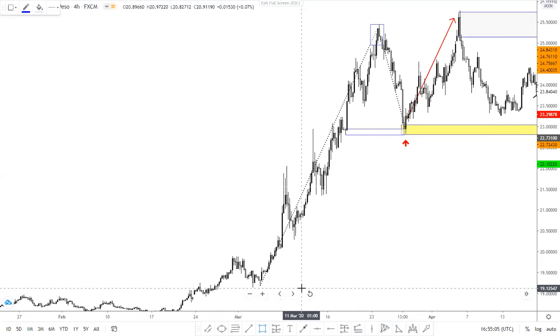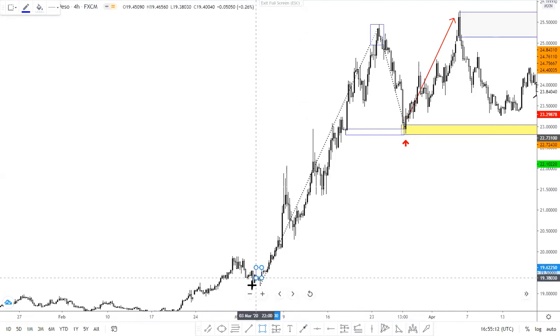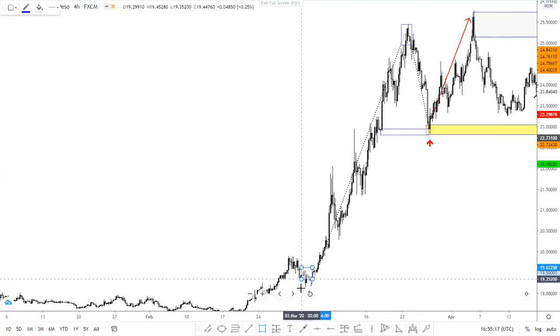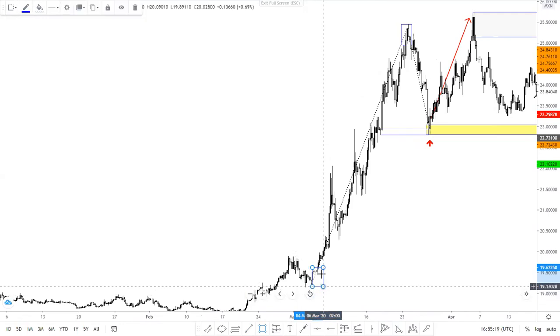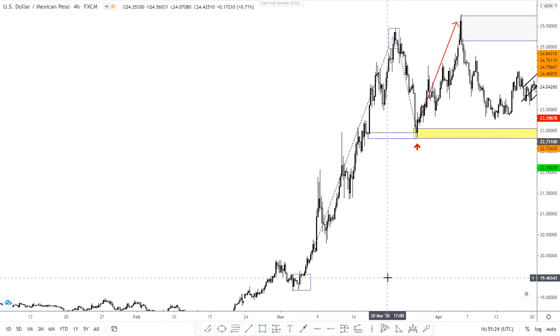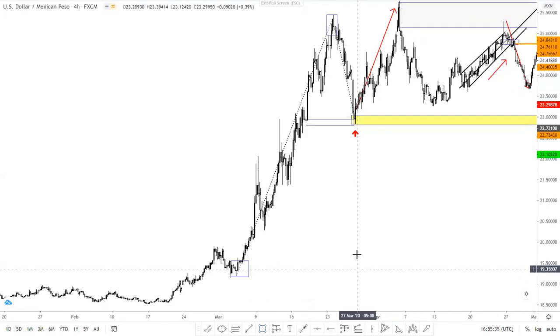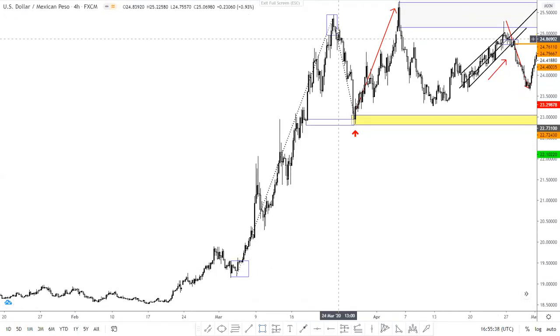Where did this move begin from? Let's say the whole move began from somewhere around here. A swing low happens when a low is lower than any other point on a given time frame. So this is your swing low, and this is your swing high.